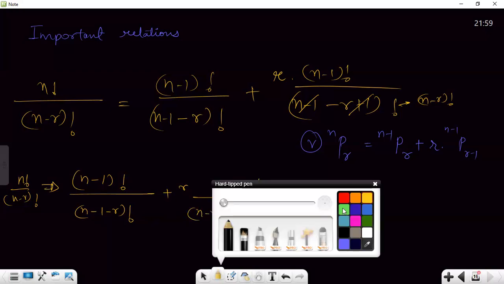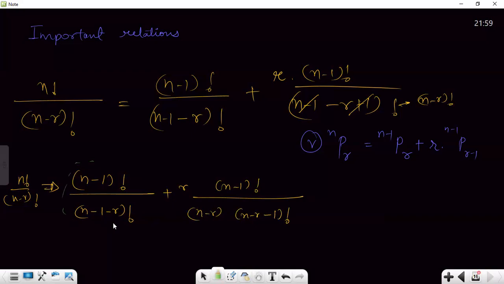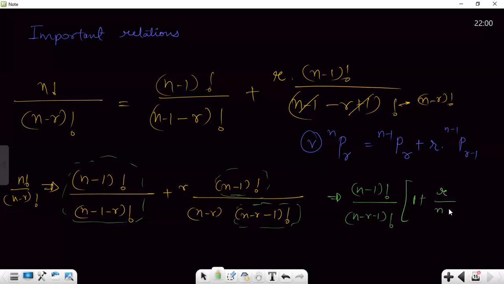So if we observe this particular term, n minus 1 factorial is common in the numerator and n minus of r minus of 1 factorial is common in the denominator part. So let's take it common, right? Let's go ahead then. Taking common n minus 1 factorial divided by n minus of r minus of 1 factorial. 1 plus what is left, r upon n minus of r.